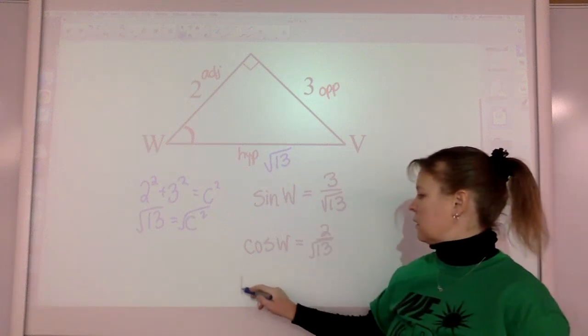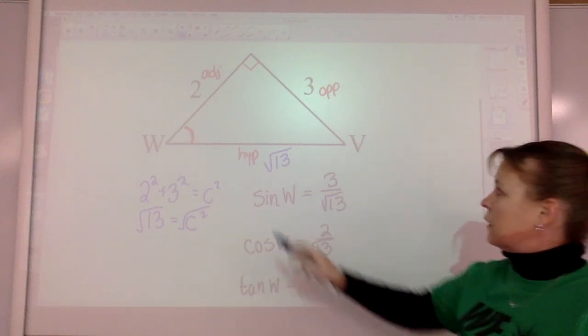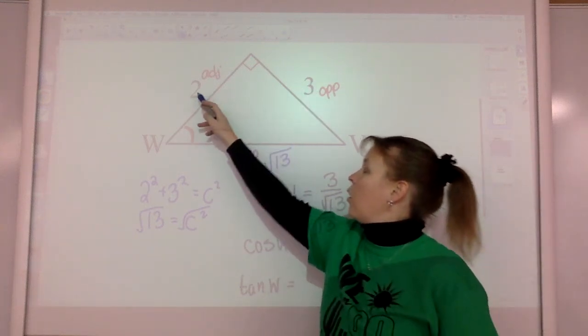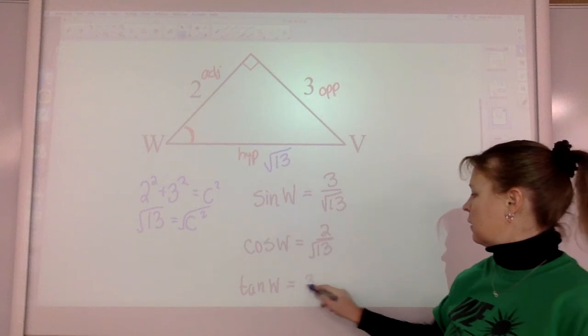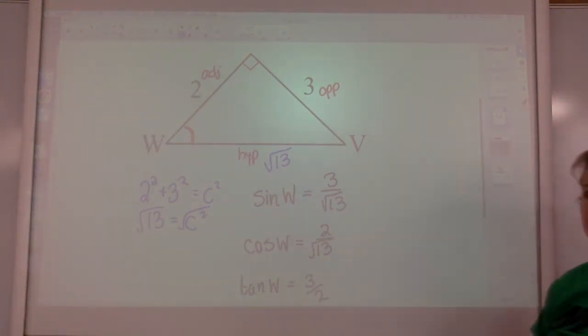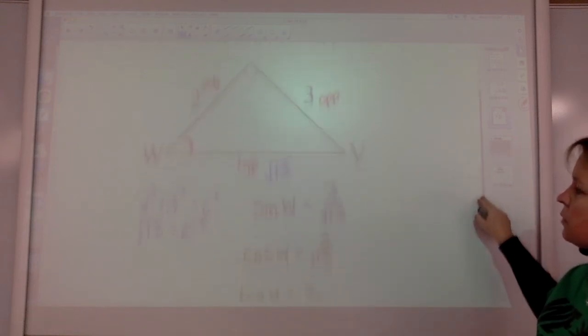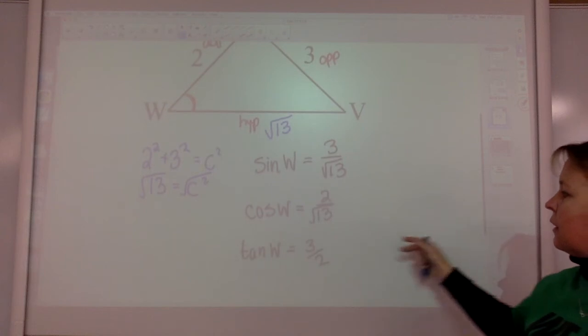The tangent of angle W equals opposite over adjacent. It said first in fraction form, then as a decimal to 4 decimal places.